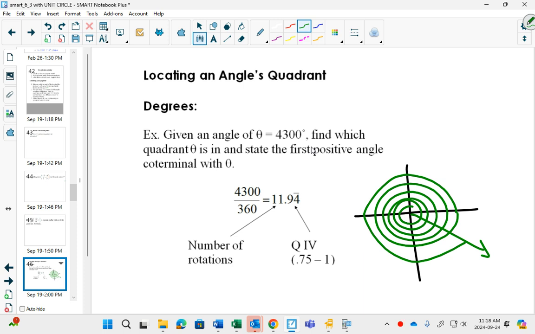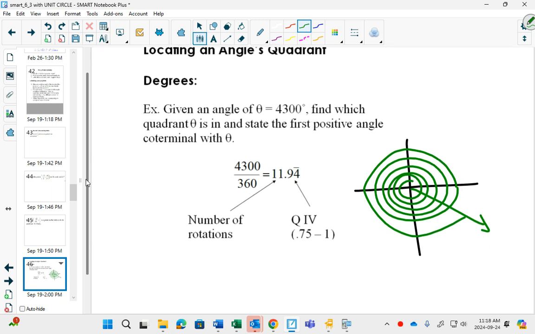But this will sometimes be a non-calculator question. If this was a non-calculator question, I would have to figure out, well, what is coterminal with 4,300? And remember, you can find a coterminal angle by subtracting or adding 360 degrees.